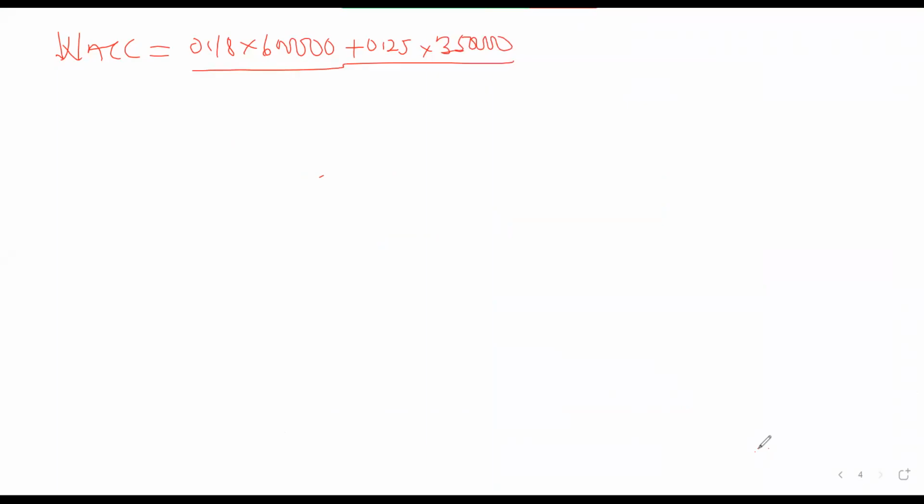All divided by 600,000 plus 350,000, multiplied by 100. What are we getting? This one, you don't have to waste time on it because it's not part of the maths. You just have to put your digits there and find it. That's all.